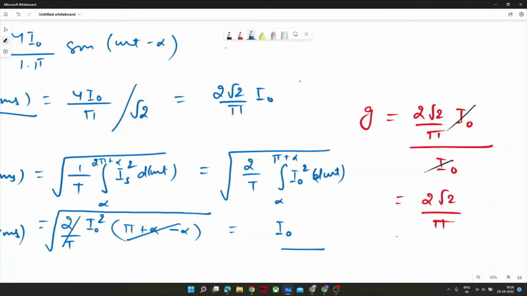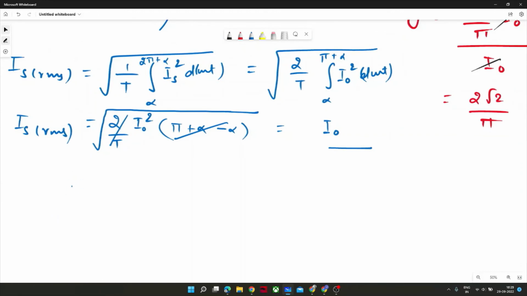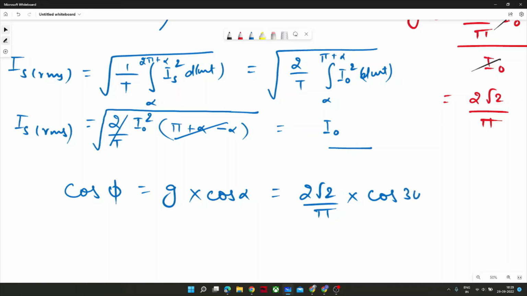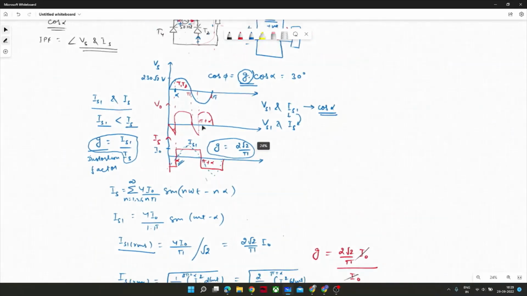So I hope it was fine till this point, and I would calculate the final answer here. The final answer would be cos phi, that is g cos alpha, and g was 2 root 2 by pi into cos 30, and that will come out to be 0.78. So that would be the answer to the problem. It was asked for 2 marks in GATE 2016, session 1.